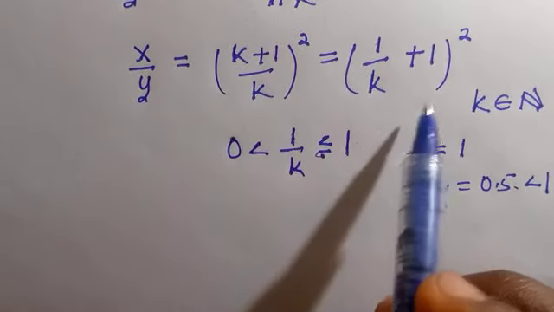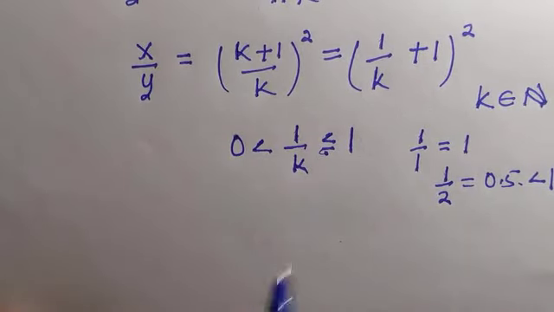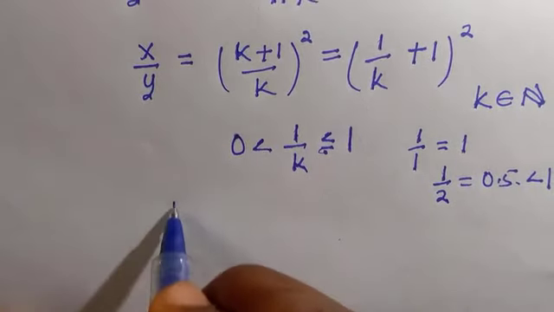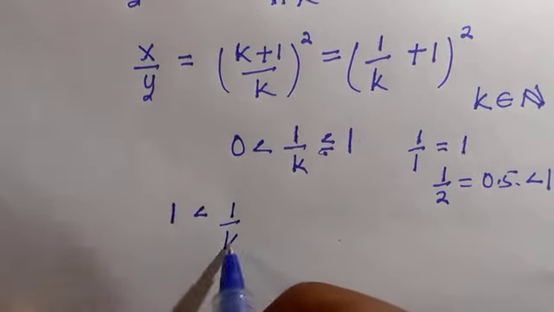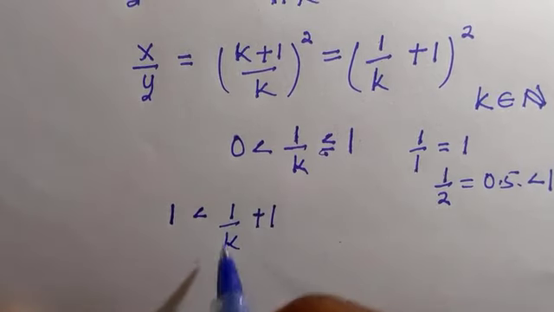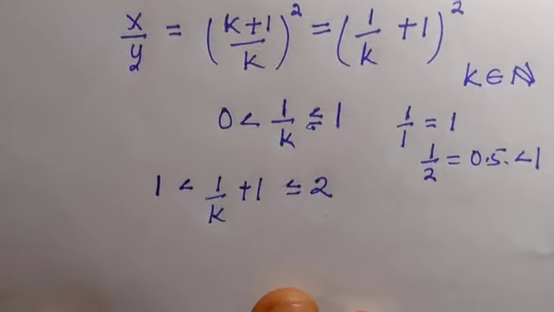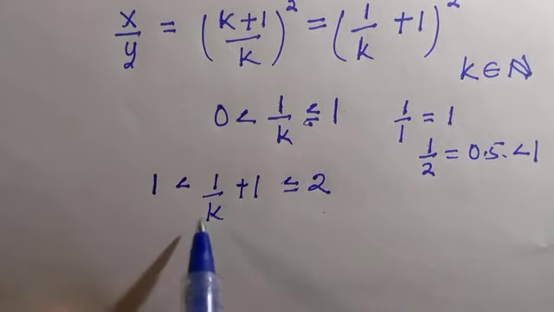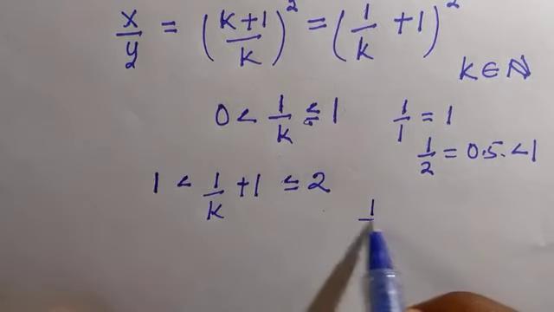So we can now test for this: 1 is less than 1 plus 1 over k, and 1 plus 1 over k is less than or equal to 2. Why do we have this? We just try to verify by plugging in the values of natural numbers for k.